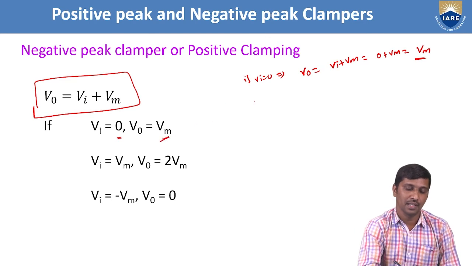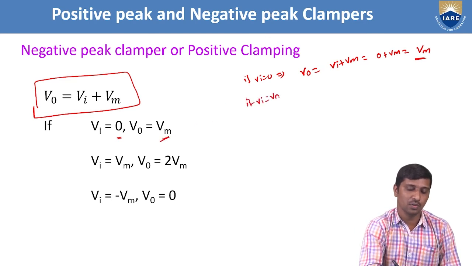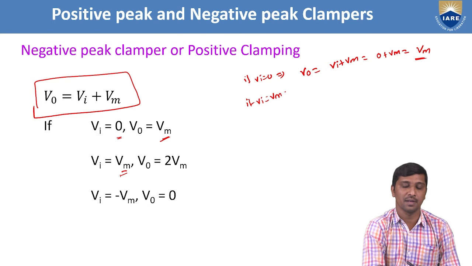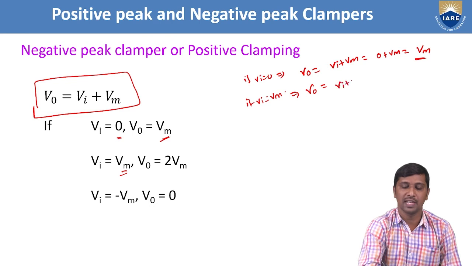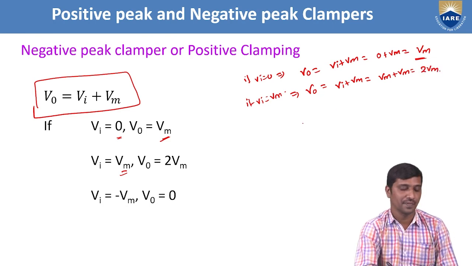Similarly, if Vi is equal to Vm, then V0 is Vi plus Vm, meaning Vm plus Vm, which becomes 2Vm.